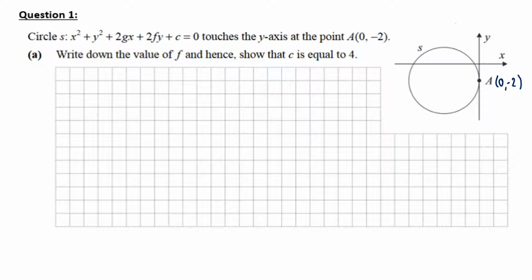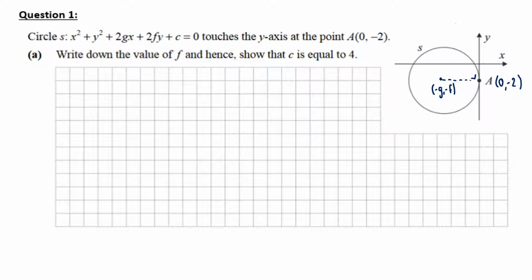So the first thing I'm going to do is put my center point into this circle. And that center point is given as minus g, minus f. Because the y-axis is a tangent to the circle, we can draw a line from the center to A and it will be at right angles to this tangent.